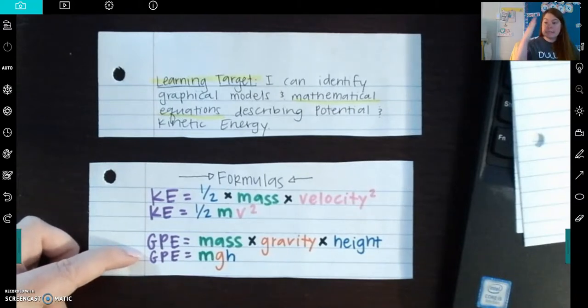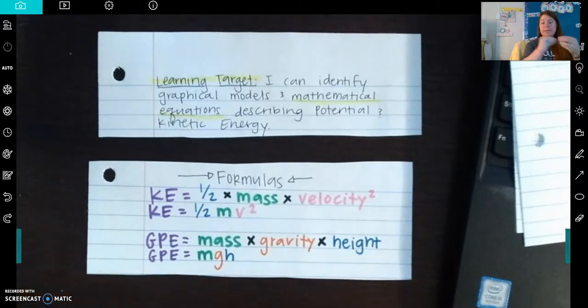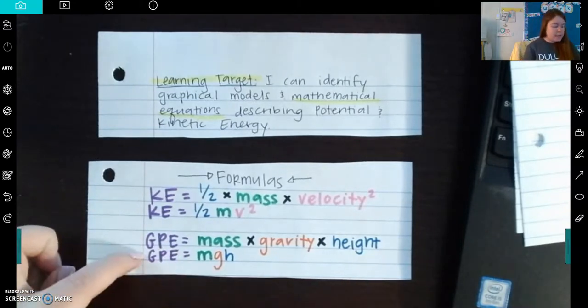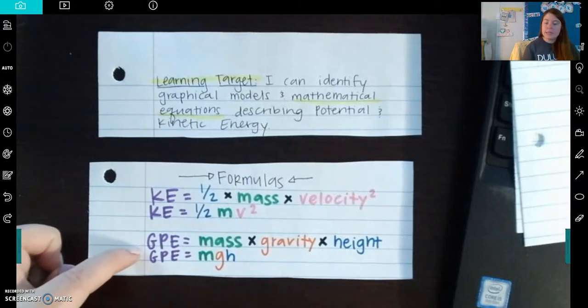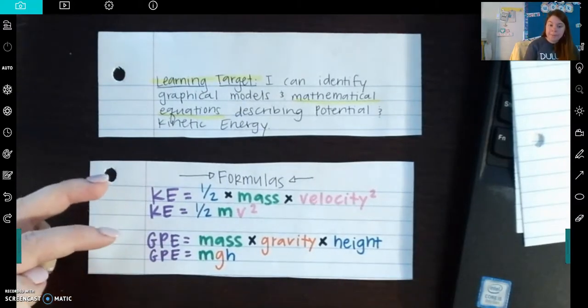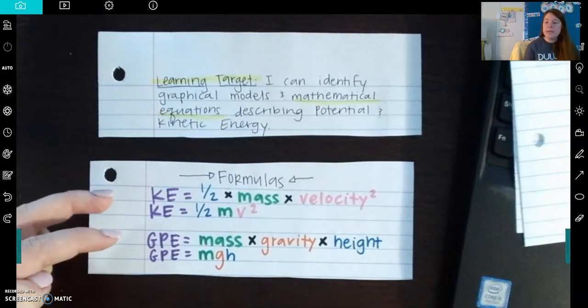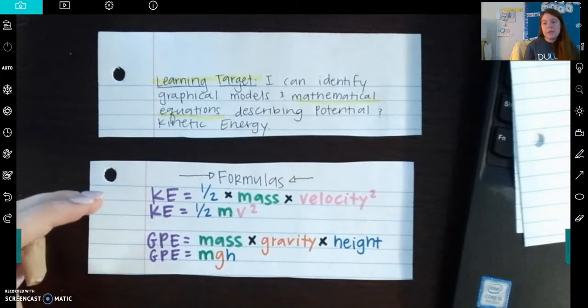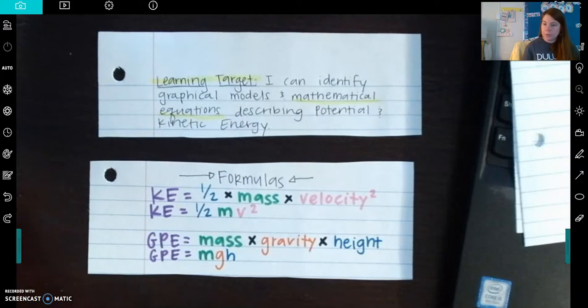So where it's sitting or how it's been stretched, those are going to be things that impact our potential energy, not our kinetic energy. So our formulas are going to be different, and we need to know which one is being asked before we can really move forward with putting in our word problem. If you need to pause the video here to write this information into your notebook page, please do so.